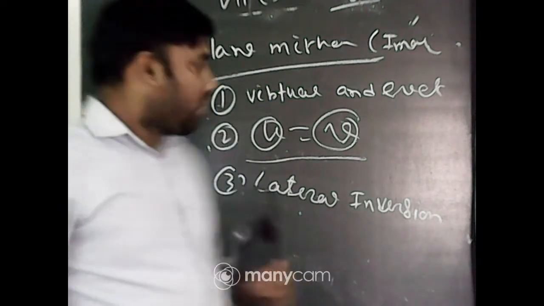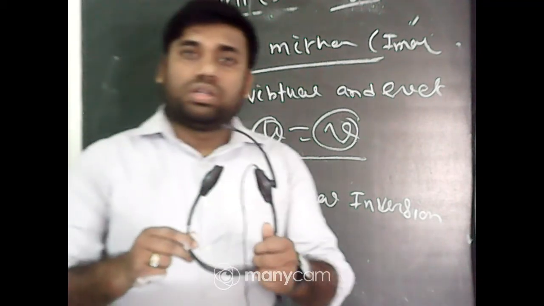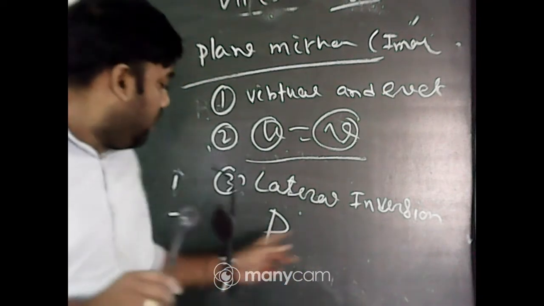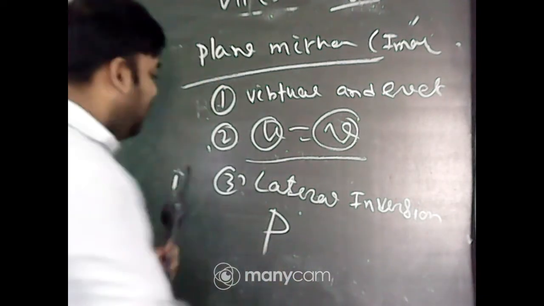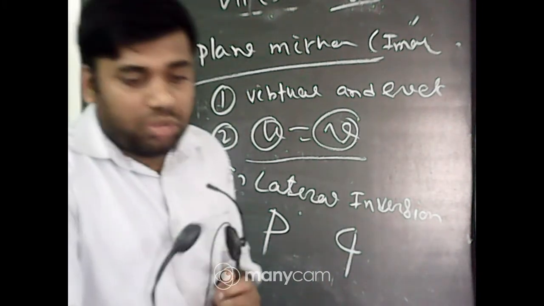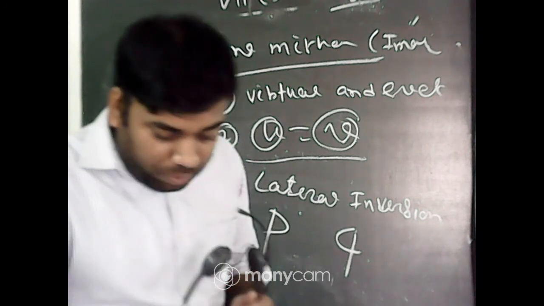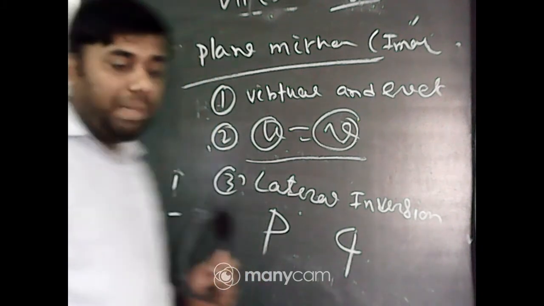If you write a P on a paper and stand it in front of the mirror, the image of P appears reversed. That is lateral inversion. Okay, got it? So these are the properties of the image formed in a plane mirror.